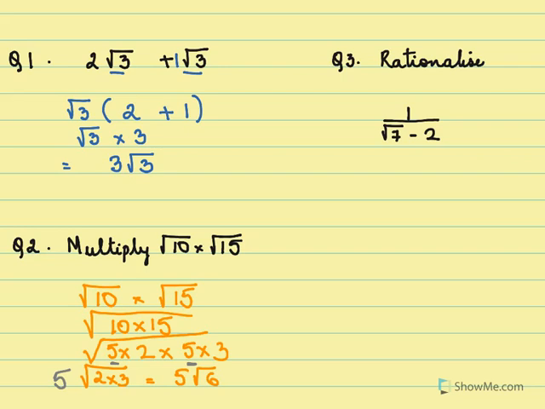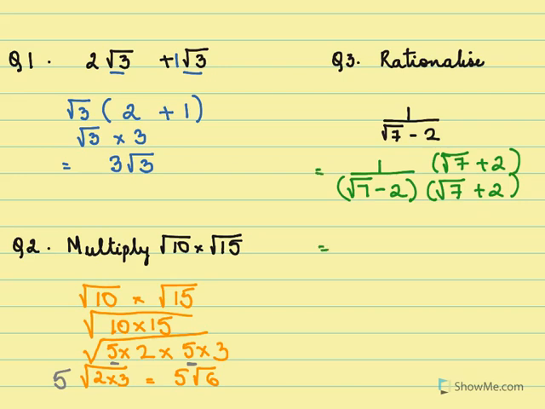Here we need to rationalize. So when we rationalize root 7 minus 2, we multiply by its conjugate, a minus b. So a plus b, numerator and the denominator, root 7 plus 2.